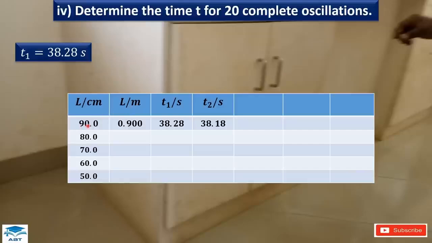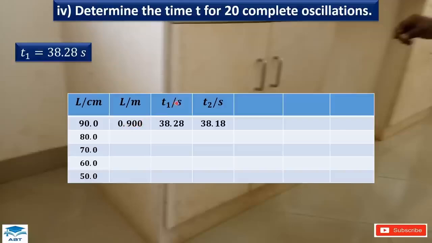So 90 divided by 100 will be 0.9. But the least count is 0.1. When we divide 0.1 by 100, we have 0.001. That is 3 decimal places. So the length in meters should be in 3 decimal places.